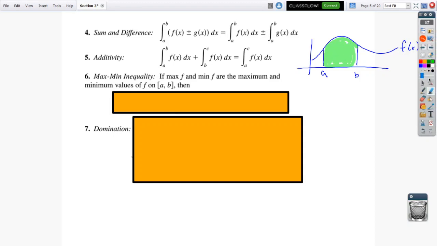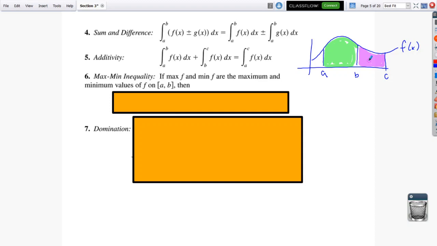Now if I want to find the integral from b to c, that's that purple area. Dang it. I wanted a highlighter with purple. There we go. That's that purple area right in there. The integral from a to c is just all of that colored area right in there.